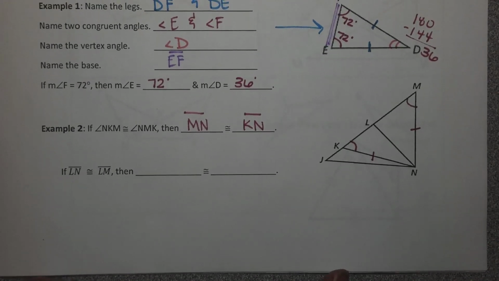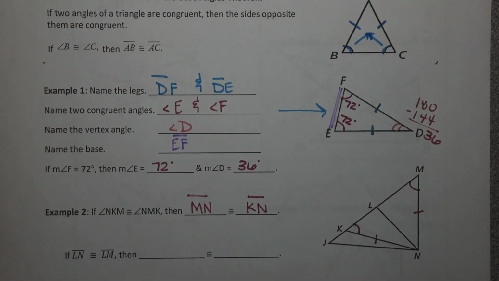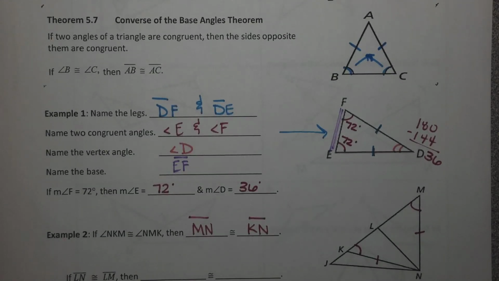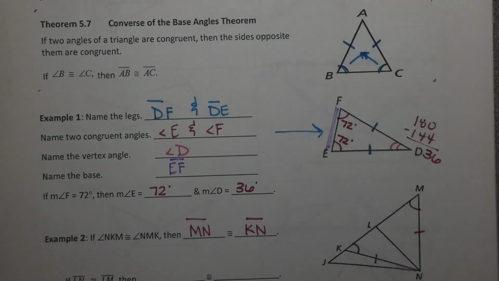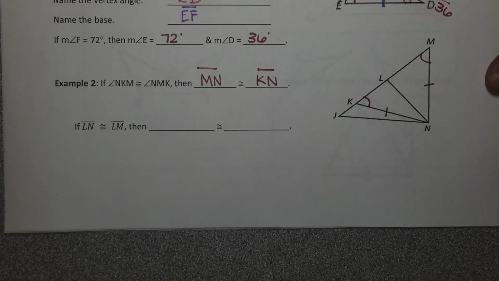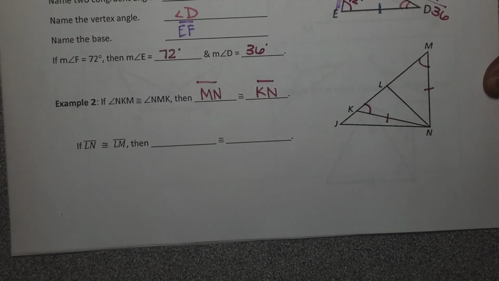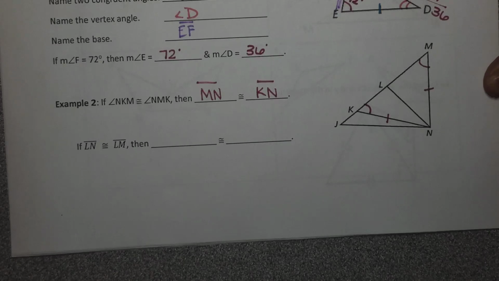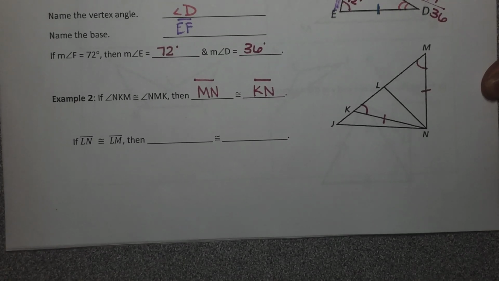Okay, now we have different information that says if LN is congruent to LM, what else do we now know is congruent? Alright, let's label first.